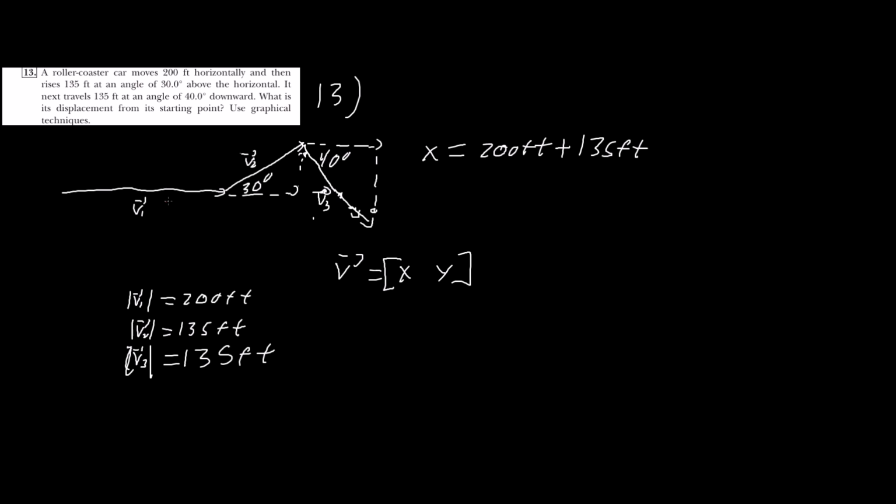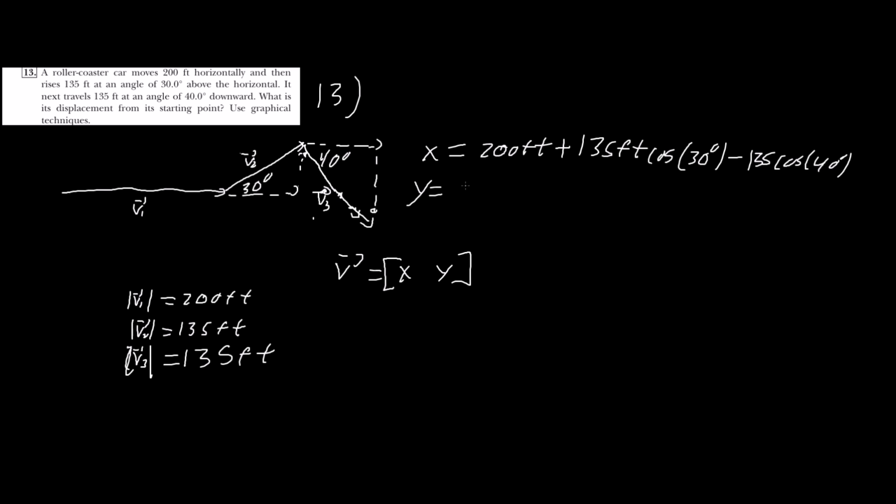This is going to be V2 cosine of 30 degrees. And then we're going to add, or minus, I guess, since we're going to go downward, 135 feet cosine of 40 degrees. And that's just X, folks.